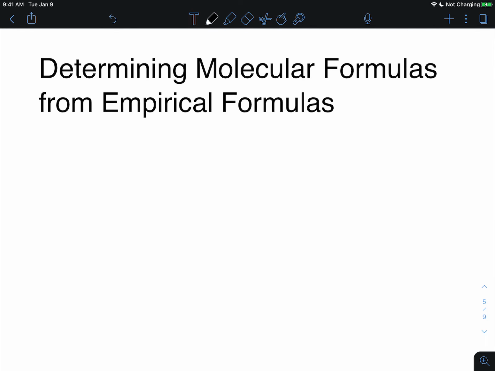Okay? Now, oftentimes we want to figure out what our molar mass or our molecular formula is. We can do this very easily by remembering that we multiply our empirical formula by some number to get to our molecular formula. So our molecular formula is some multiple of our empirical formula.